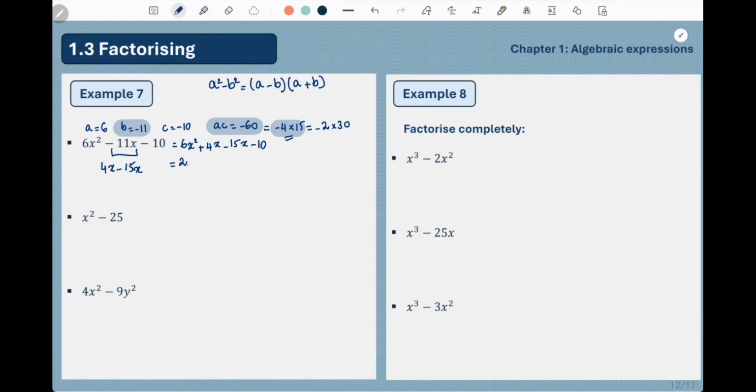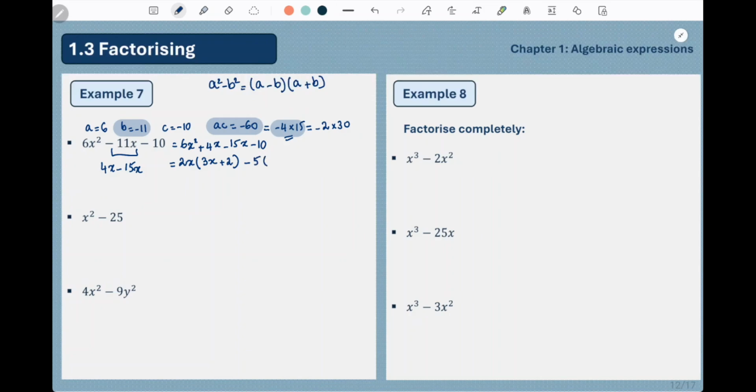The highest one is 2, and between the x's is x. So we have 2x times 3x, right, plus 2, because 2 times 2x is 4x. Then here we would have minus, the highest factor between minus 15 and minus 10 is gonna be minus 5.